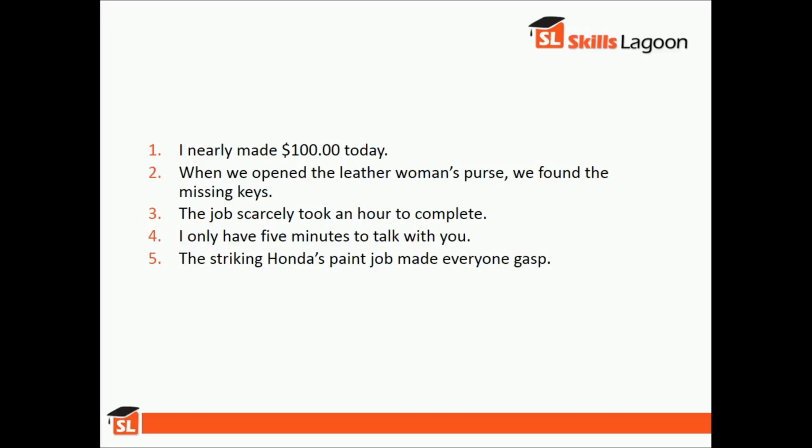The first example: "I nearly made $100 today." What are we trying to say here? Are we trying to say that we almost made $100 today, or we approximately made $100 today?